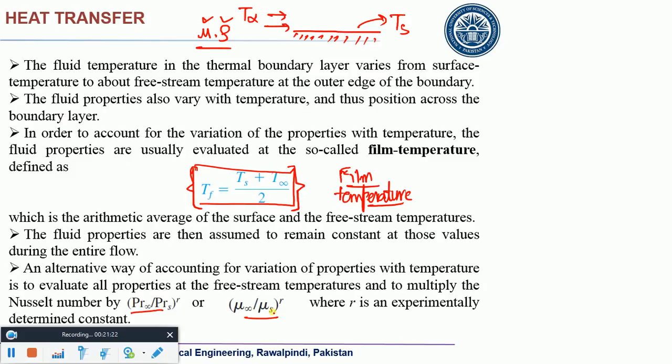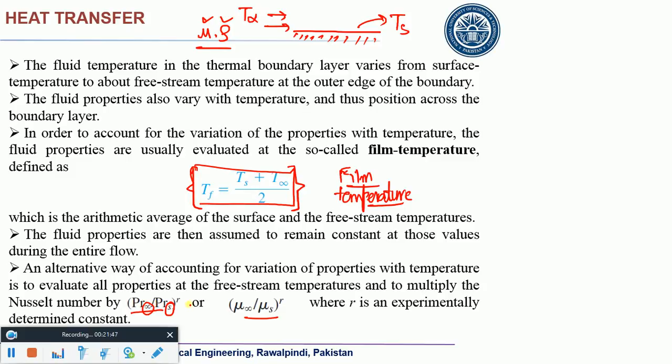What you can do is solve this complete system using those values at free stream temperature, and then multiply that Nusselt number value with what? This thing, Prandtl number infinity by Prandtl number surface. Prandtl number determined at surface temperature, right?